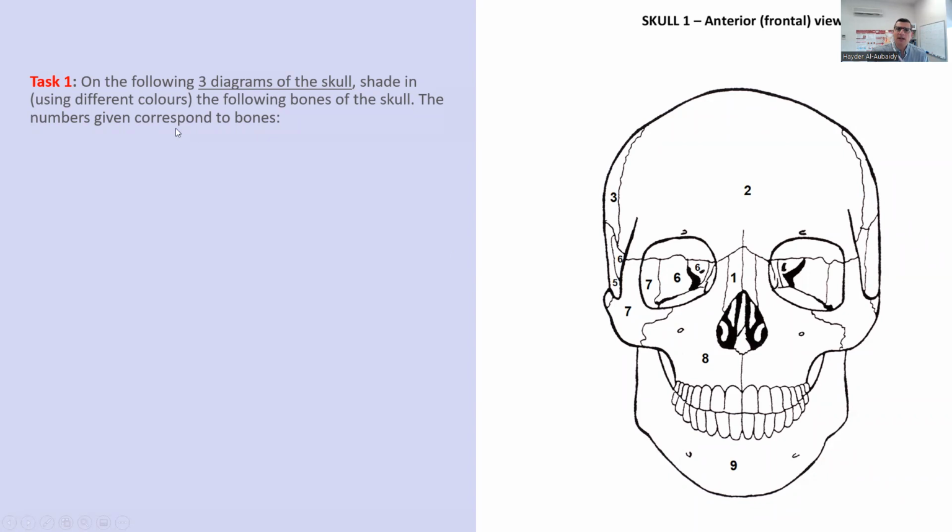All right, so coming to this question: on the following three diagrams of the skull, shade using different colors the following bones of the skull. In the slide notes that you've downloaded on LMS for the tutorial, you should be able to see 1, 2, 3, 4 all the way to the end. So if we look at this one as an example, the slide notes should be available on LMS in week 1 content.